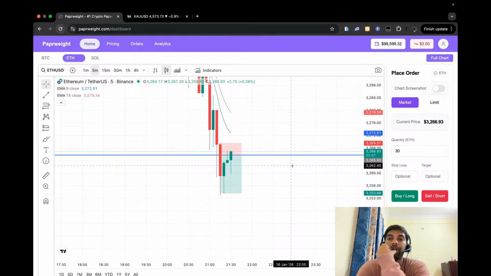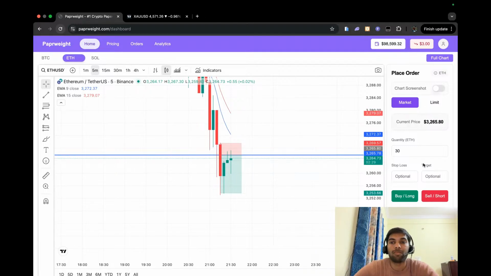Just look at this, guys. If we didn't cut off our trade, then we would be facing a loss. It's not a good candle actually.